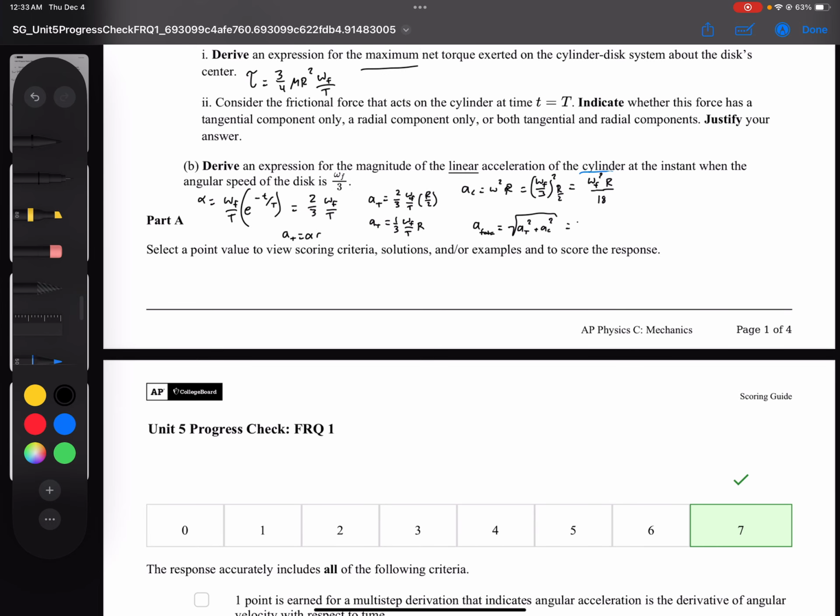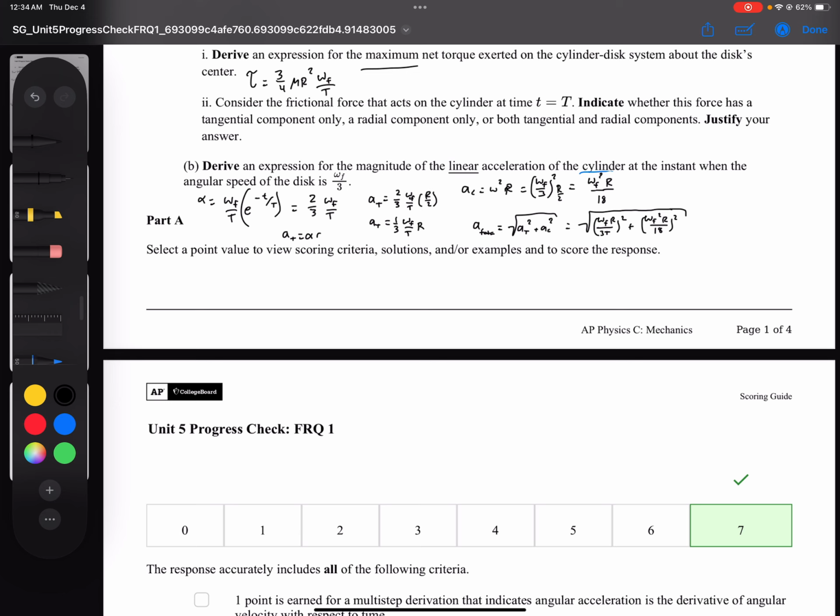All right, and now this is where it gets slightly annoying with the algebra. I'm just going to write it all out. So I have omega f times r over 3t quantity squared plus omega f squared times r over 18 quantity squared.